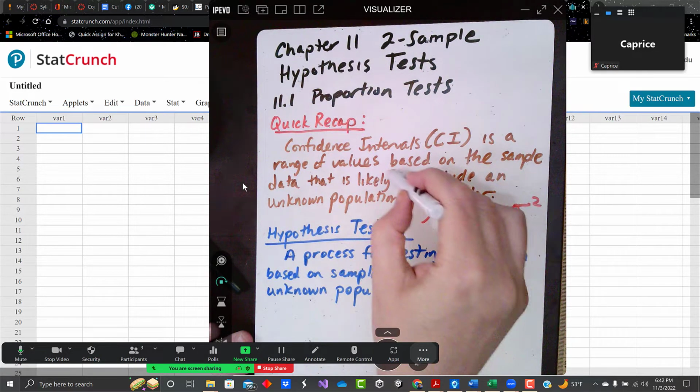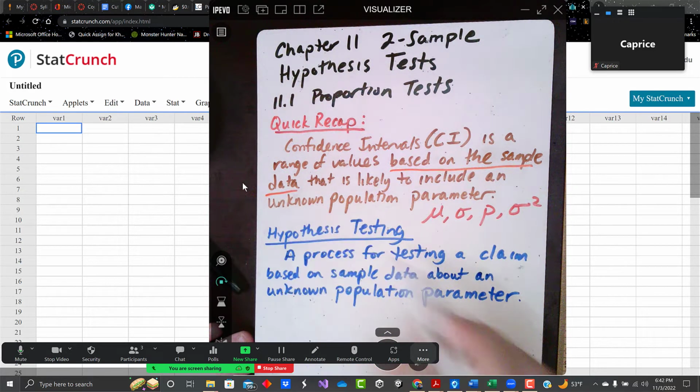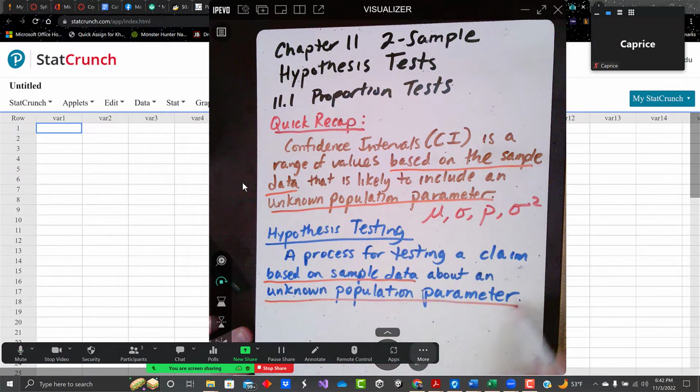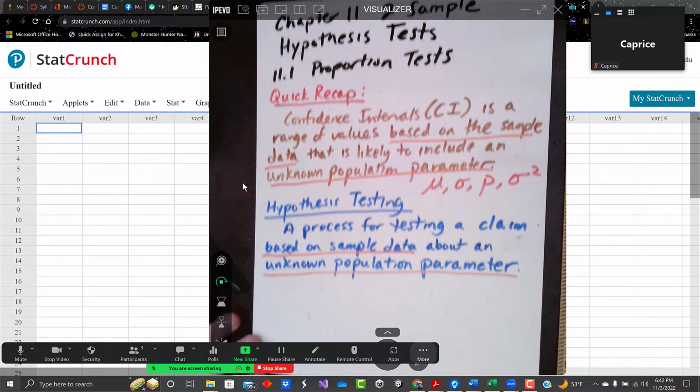As you can see, they are both based on sample data, and they're both in regards to an unknown population parameter. And there is a direct link.